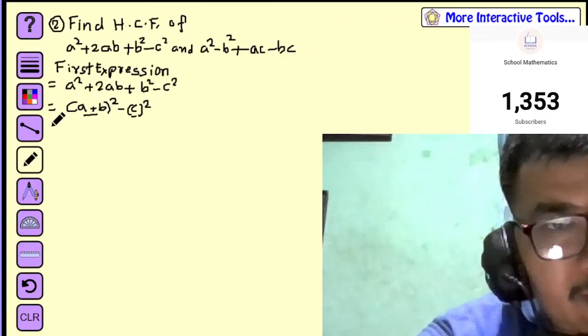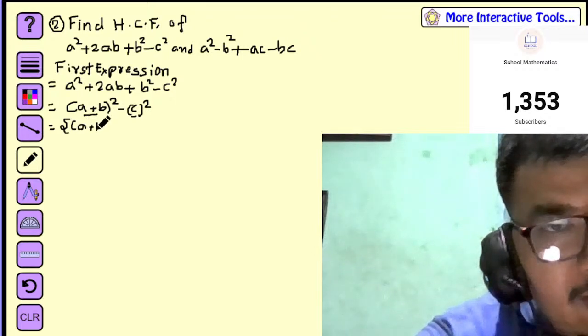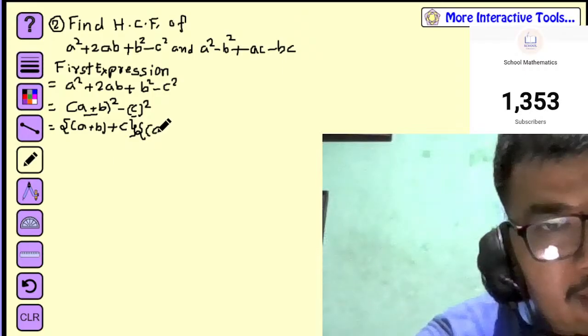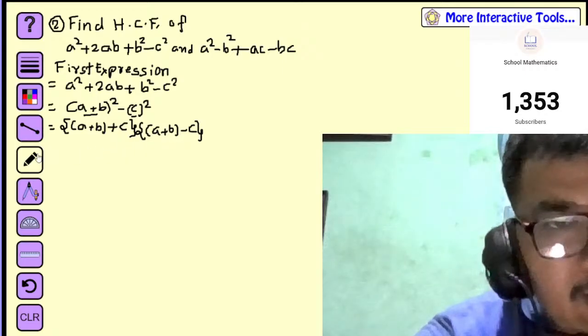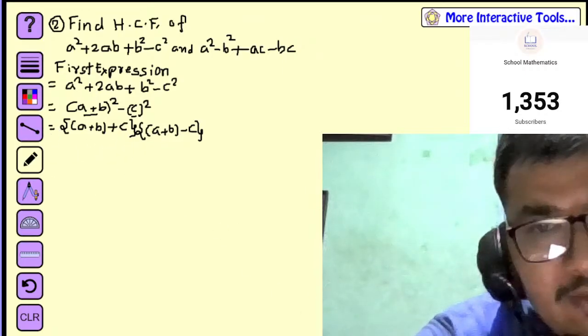Look children, first there will be a plus b, this as a, and c as b, in curly brackets, and then the same but with a minus sign in the middle: a plus b, then minus c, close the bracket like this.